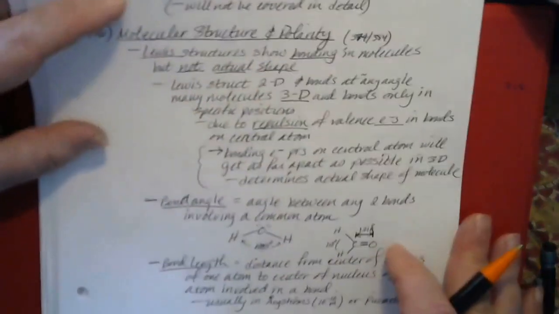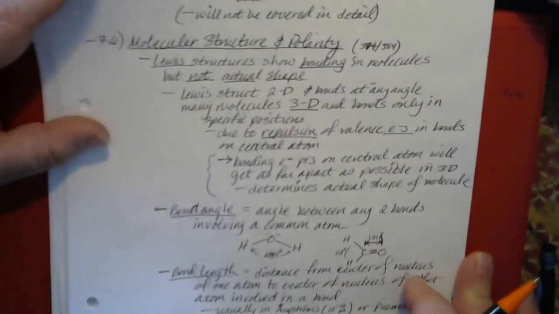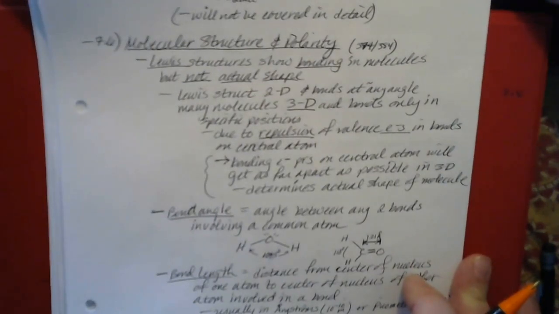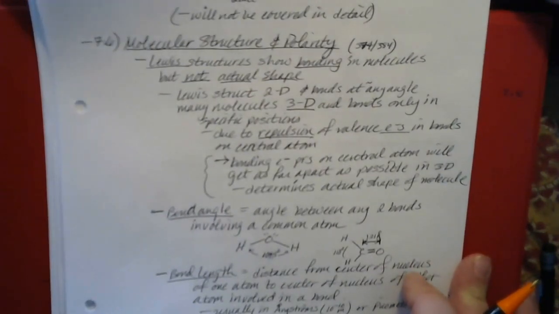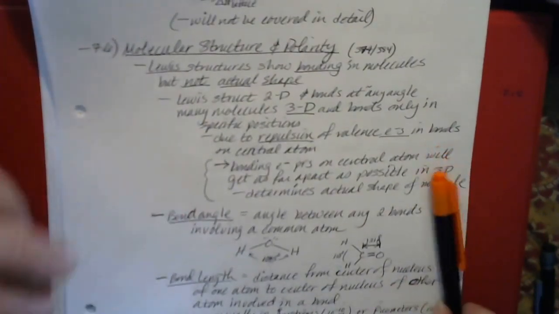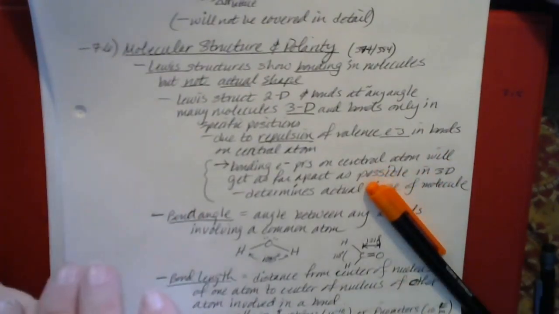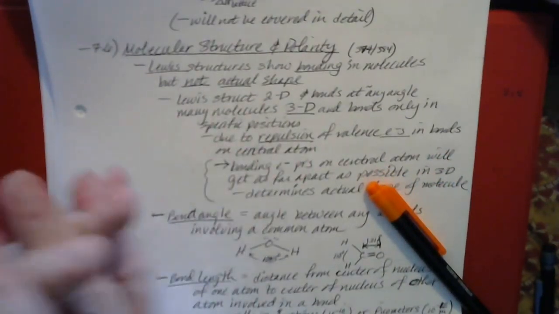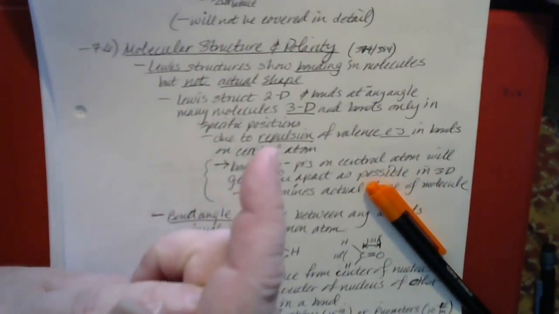But we're not going to go into any other detail about it, because we really want to get to molecular structure and polarity. That's a really important thing, to be able to know what the shapes of molecules actually are. And we're leading up to that. We haven't gotten to it yet. The Lewis structures, it's important to remember as we go along, only show bonding between atoms.